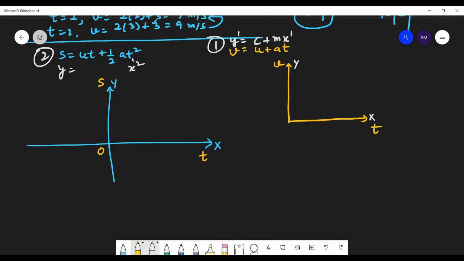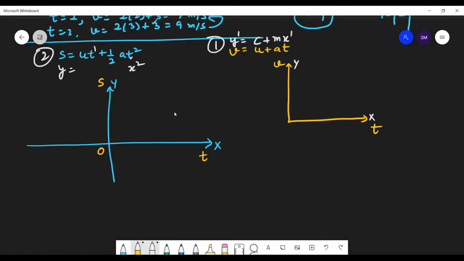How much is the exponent, or you can say the power, of t? Here the power is 1, here the power is 2. So we call the degree in this case 2, the maximum power. Okay, got this point?